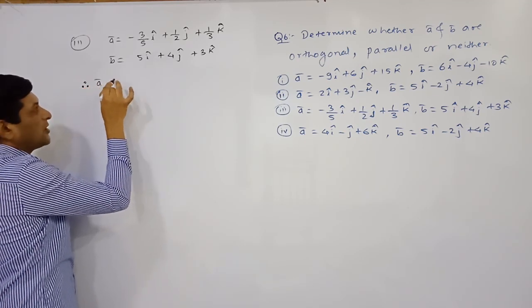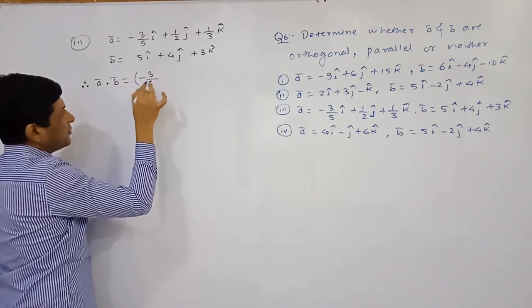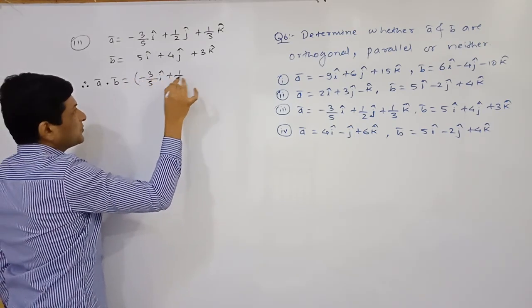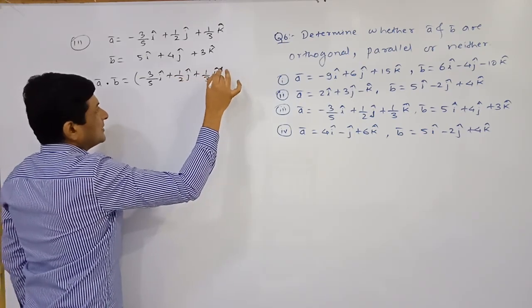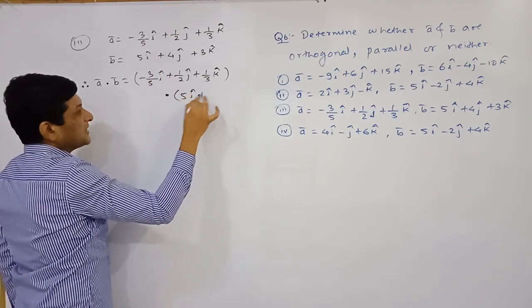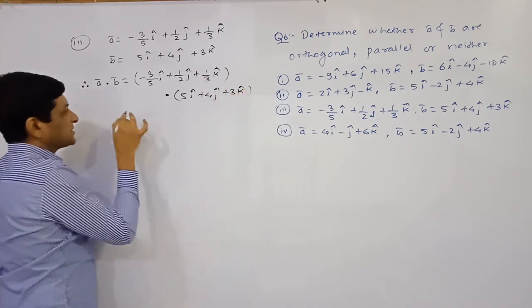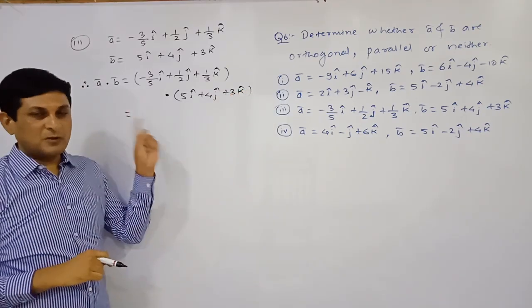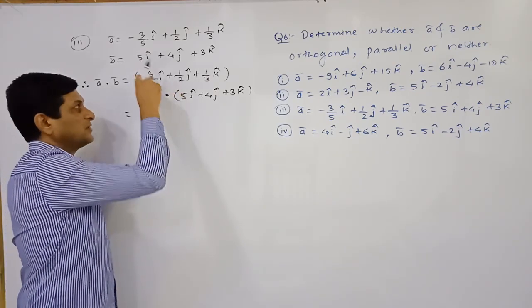A bar dot B bar is equal to, substituting the value of A bar, that is 3 upon 5 i cap plus 1 upon 2 j cap plus 1 upon 3 k cap, dot the value of B bar, which is 5i plus 4j plus 3k. Now we are taking the dot product of these two vectors which are in Cartesian form. First take the product of the coefficients of i cap.